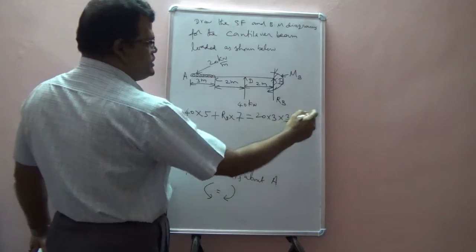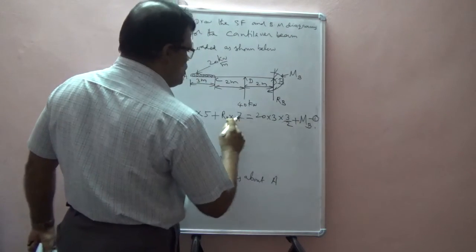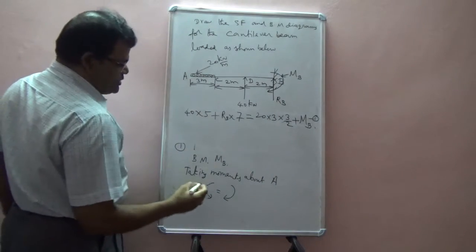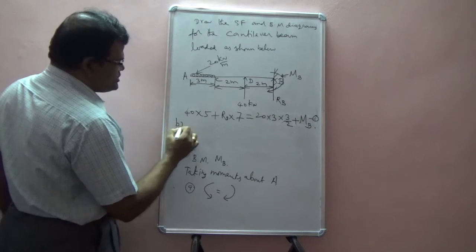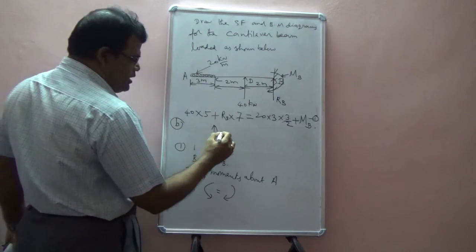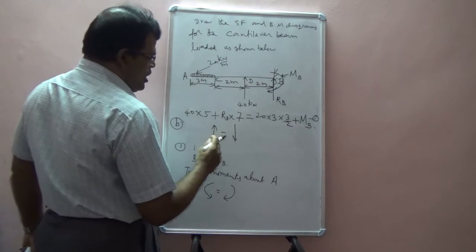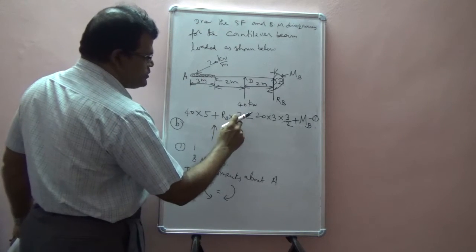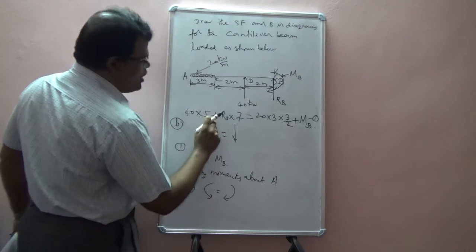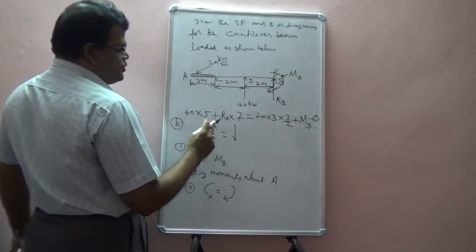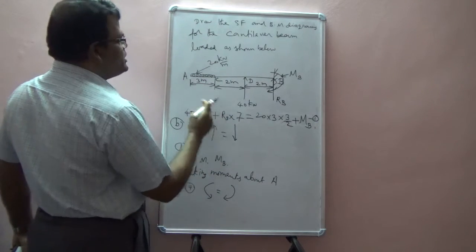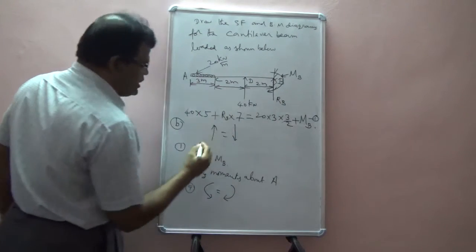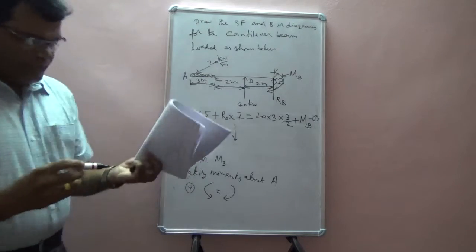So this is equation 1. Because there are two unknowns, you have to write another equation. The second equation is that the summation of vertical forces must be 0, that is, the forces from bottom to top must equal the forces from top to bottom. So what are the forces acting vertically upward? If you see, this force is acting vertically upward, and this force is acting vertically upward.